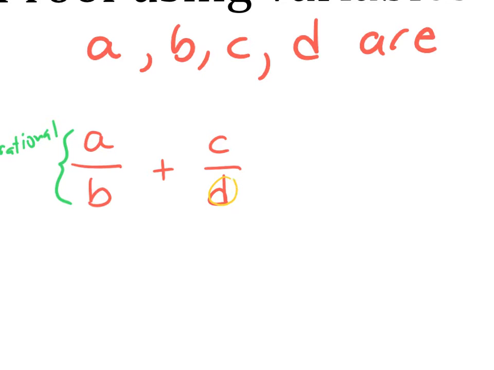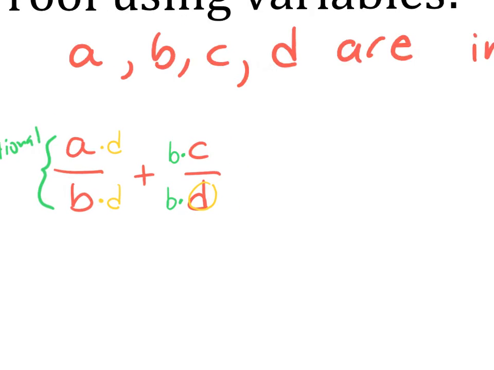This guy has a D, and this one doesn't. So if I multiply this guy by D here, but also by the top, D divided by D is 1, which means it doesn't change the value, just changes the form. Same thing over here. This one has a B, this one doesn't, which means if I take that B and multiply it in the numerator and denominator, this is what I now get.